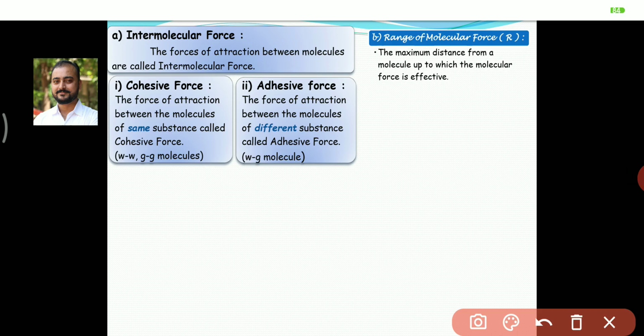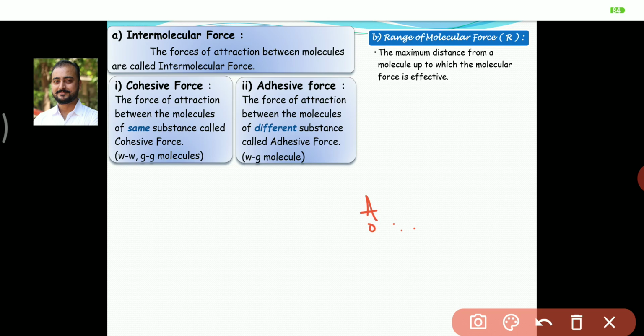Let's suppose I consider that this is a molecule. This molecule is able to exert the force of attraction on a neighboring molecule up to a certain distance. If I consider this as molecule A, molecule A can exert force on this molecule up to this distance.